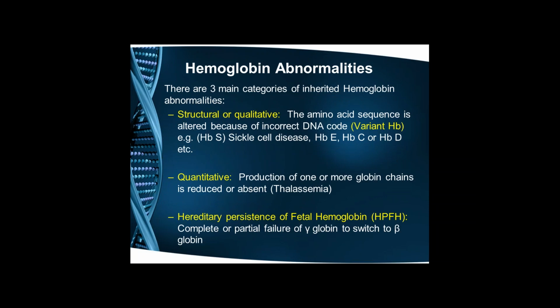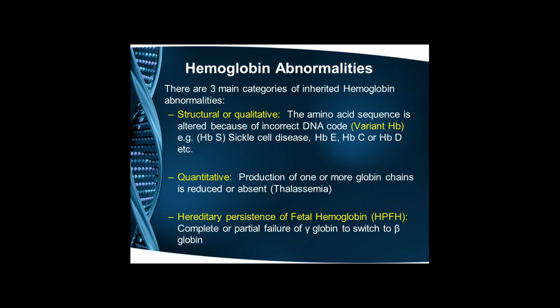Basically, what we understand from hemoglobinopathies is that it can be a defect in the hemoglobin, whether it could be a structural or we can say a qualitative defect, or it could be a quantitative defect, or there could be a defect in the switching over from the fetal to the adult hemoglobin.